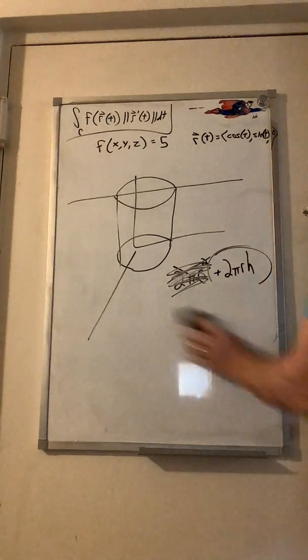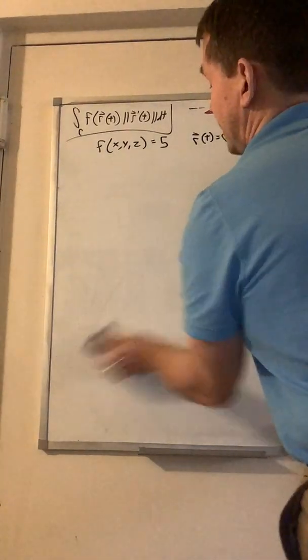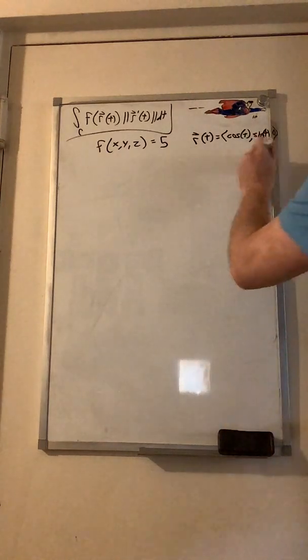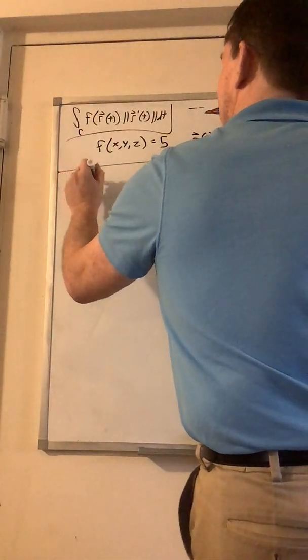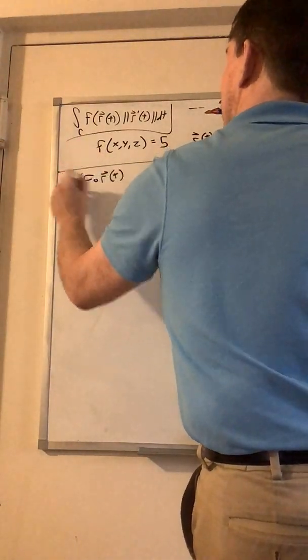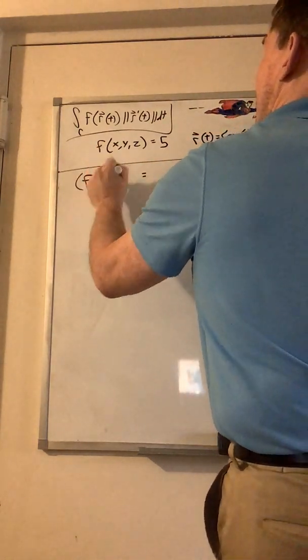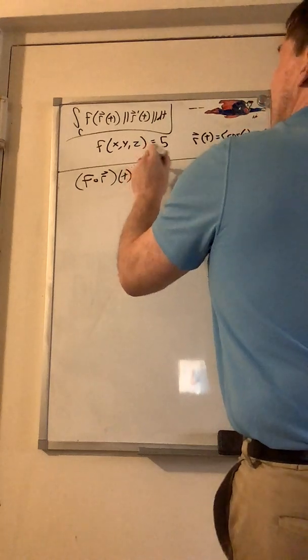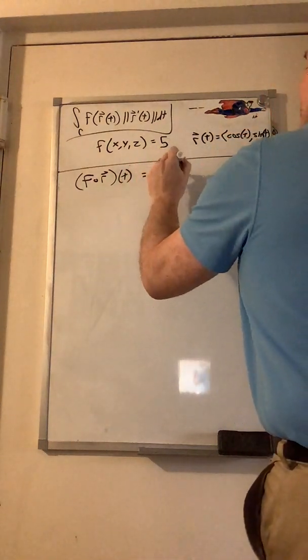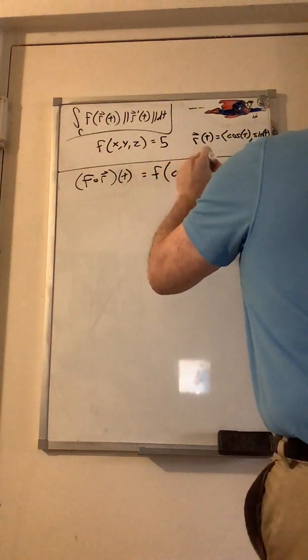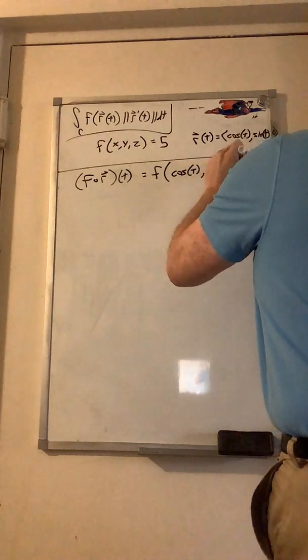So now we can test it. First I need f composed with r of t, which is f of cosine t, sine t, 0.